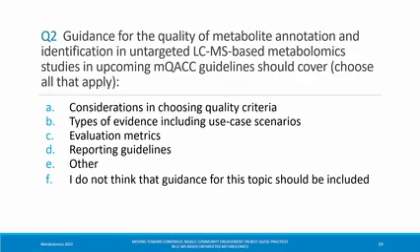So the question is: guidance for the quality of metabolite annotation and identification in untargeted LC-MS-based metabolomic studies and upcoming mQACC guidelines should cover considerations in choosing quality criteria, types of evidence, including use case scenarios, evaluation metrics, reporting guidelines, other, or I do not think that guidance for this topic should be included.